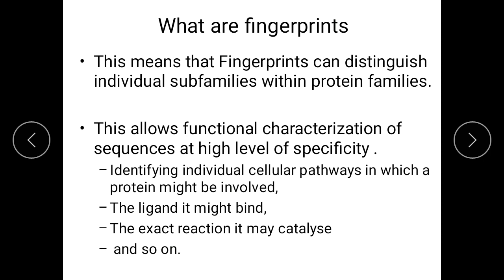If more than 50% sequence similarity is there, then pairwise alignment methods are used. But if the sequence similarity ranges between 30 to 50%, meaning many sequences show 30 to 50% similarity, then multiple sequence alignment is carried out, and after that one can get these motifs, domains or fingerprints. So this is all about today's lecture.